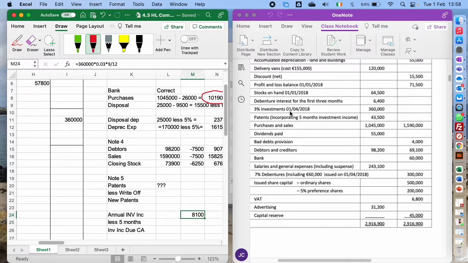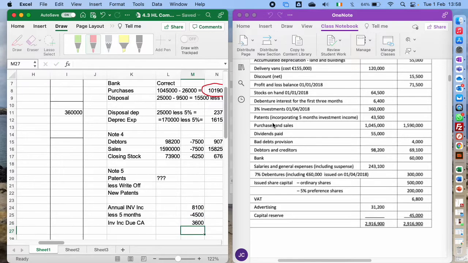So 8,100 is the yearly figure. So how much would it have been for 5 months? So 360 times 3% times 5/12. So that's 4/5. So the figure that we have for current assets is those two taken away.